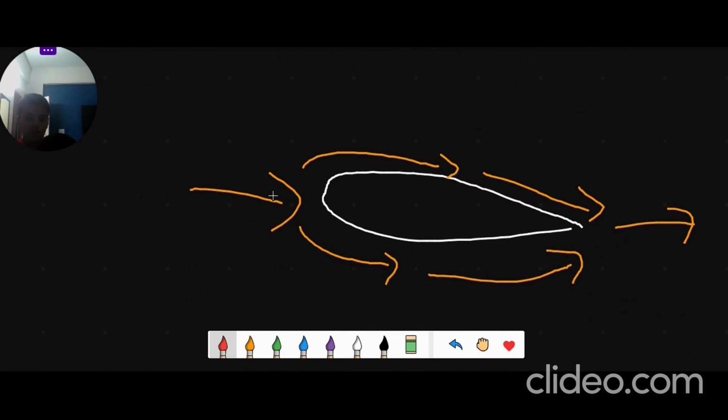Now let's come back to this part. The aerofoil actually splits the airflow. The lower part has less pressure than the higher part. Over here you can notice that there's a divergent duct.